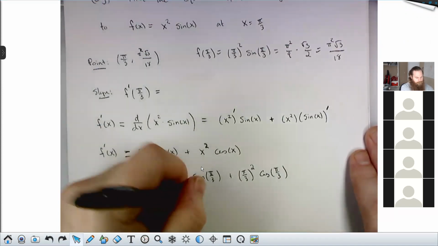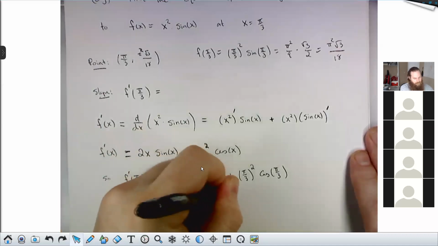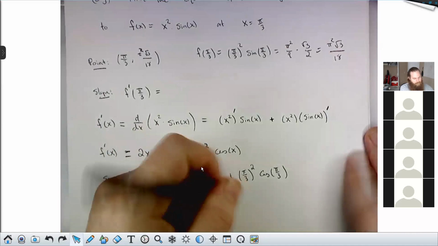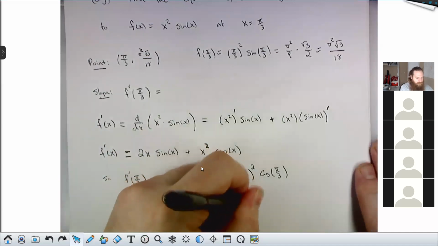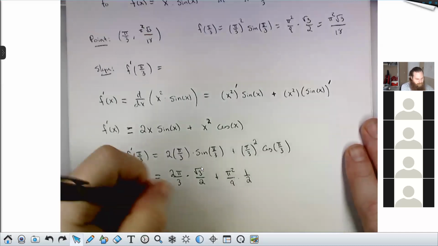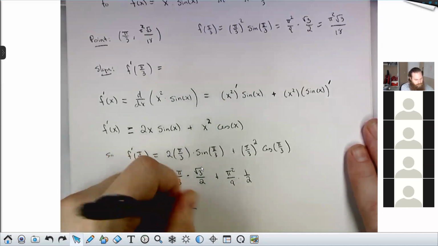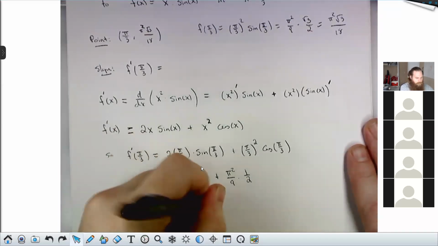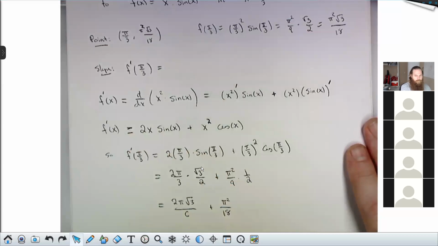Square root of 3 over 2. Good. Plus, now I have pi squared over 9 times the cosine of pi over 3. What is the cosine of pi over 3? 1/2. Yeah, good, 1/2. This is a pretty gnarly looking slope, but we can still work with it. This is 2 pi square roots of 3 over 3 times 2 is 6 plus pi squared over 18. All right, that's my slope.